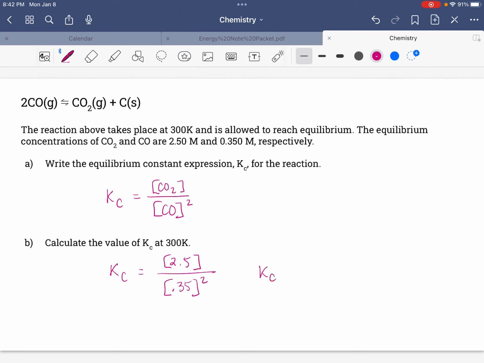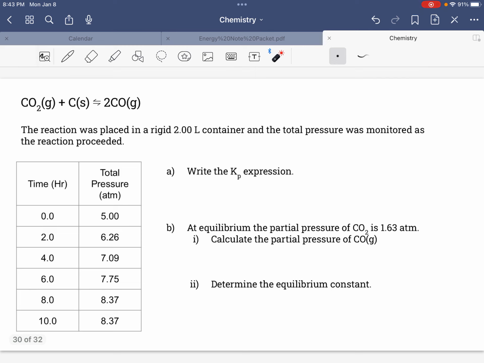We're going to get a Kc value of 20.4. We didn't use the temperature information in our equation, so we did not use that to determine sig figs. We'd have 3 sig figs here because both concentrations that we used had 3 sig figs. And it is just a constant, so it doesn't have a unit.